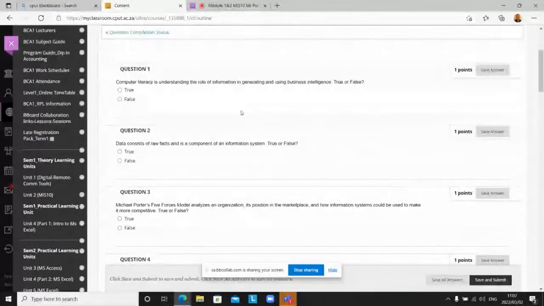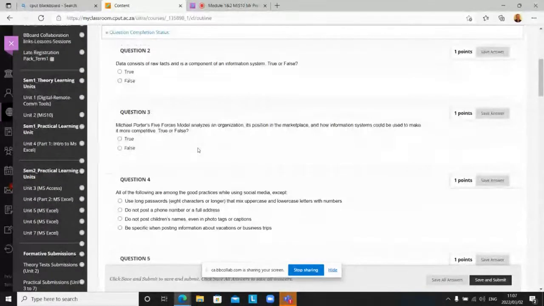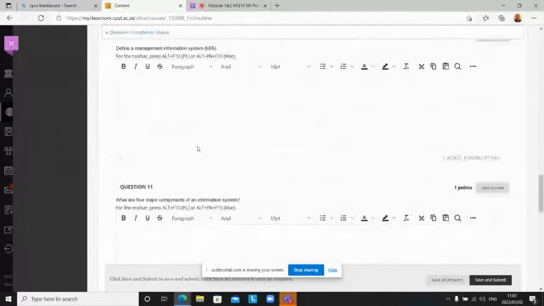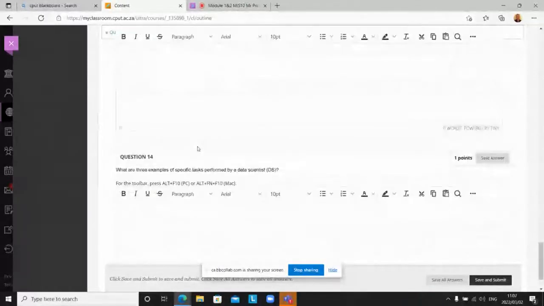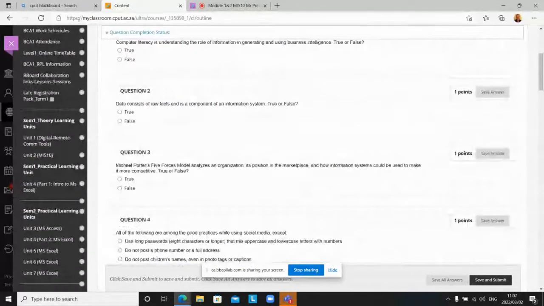Question 1, computer literacy, true, false. Question 2, data. Question 3, Michael Porter's 5 forces. I'm going to be discussing all of these today, so you can come and do the short theory test afterwards. There are a lot of activities in the Keynotes, which is going to work better if we were face-to-face.